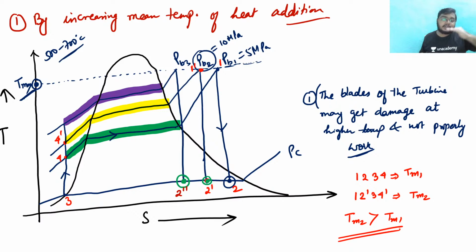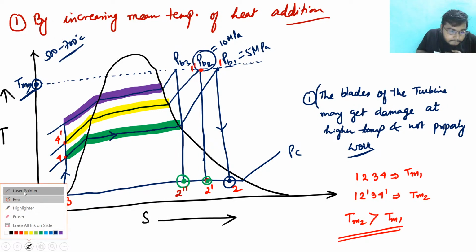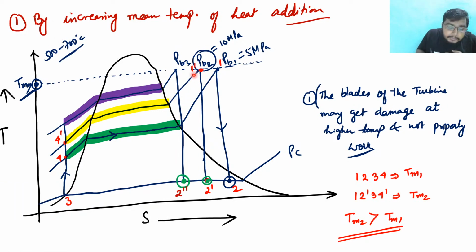I am increasing the pressure, but for that the mean temperature of heat addition is less. See here, pressure is increased. So when I am increasing the pressure, I am getting more mean temperature of heat addition. But the more the mean temperature of heat addition, the less is the dryness fraction.